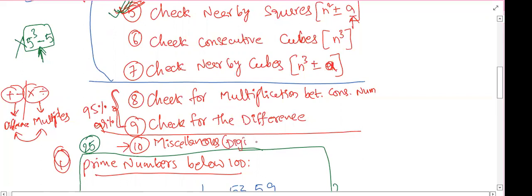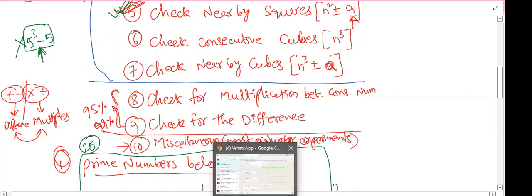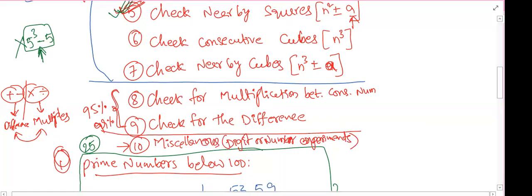Digit or number experiments may be there. Right? So we'll stop here. In the next class, we'll do some practice on number series, and after that, we'll start letter series, alphabet series. Okay, sir.